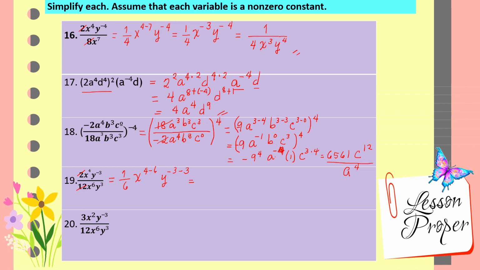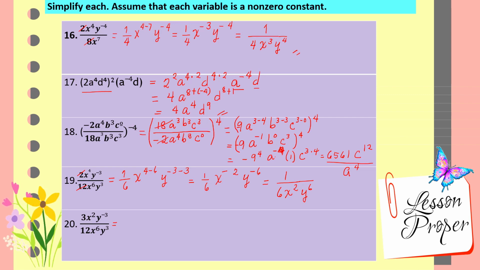Simplifying, we will have 1 over 6 as x raised to negative 2 and y raised to negative 6. So, we will have 1 over 6 x squared and y to the 6th power.